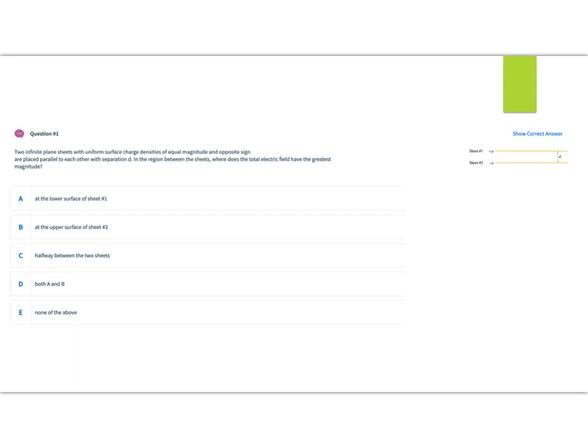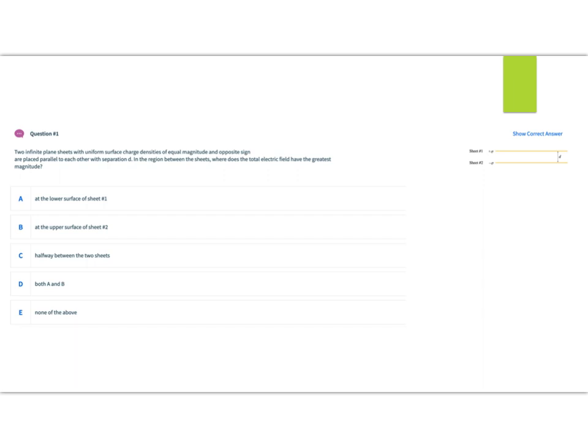Maybe be familiar with the final expressions and be able to plug numbers in, but you're not going to have to do any integration. Part of the reason we do this is because in the next chapter we'll use Gauss's law and find much easier ways to do this calculation.